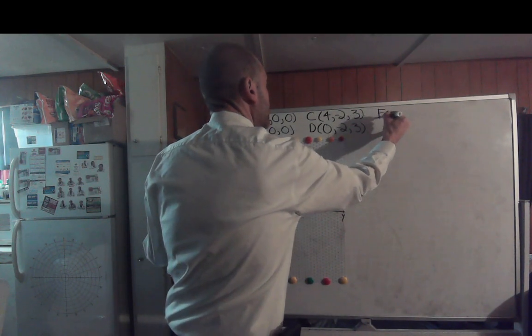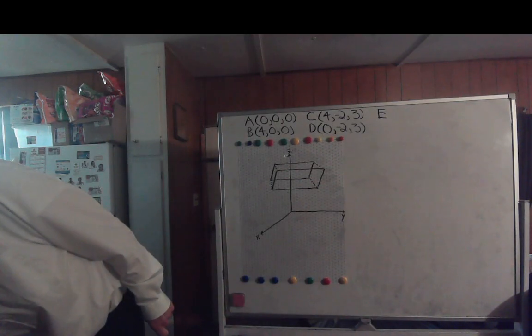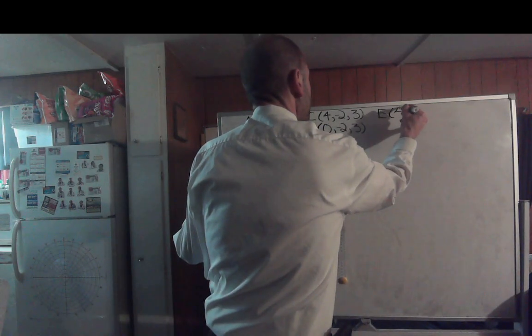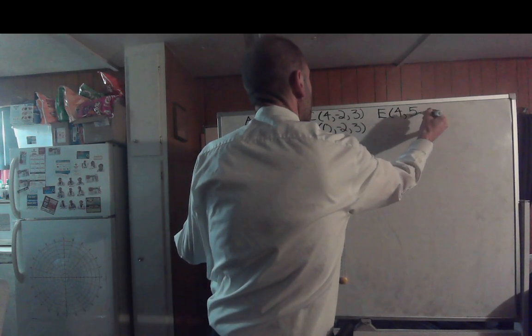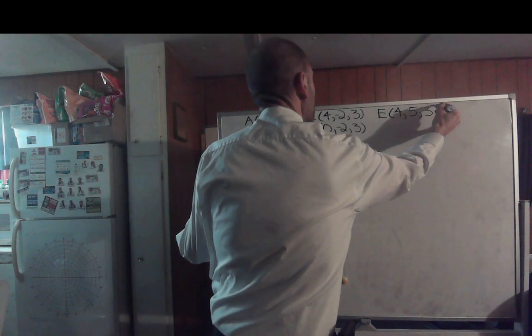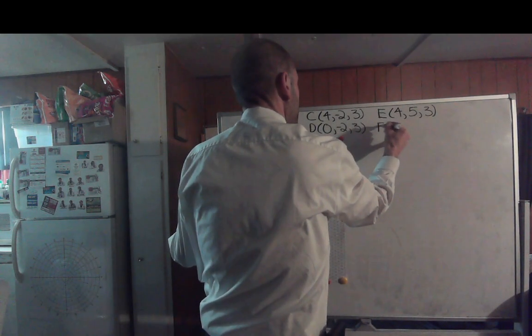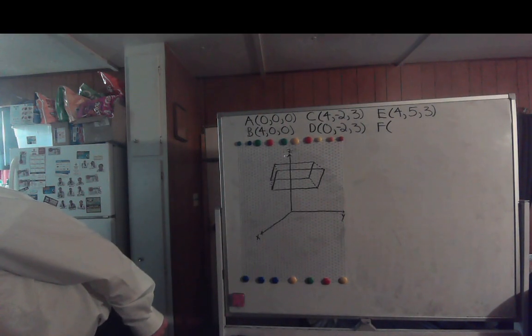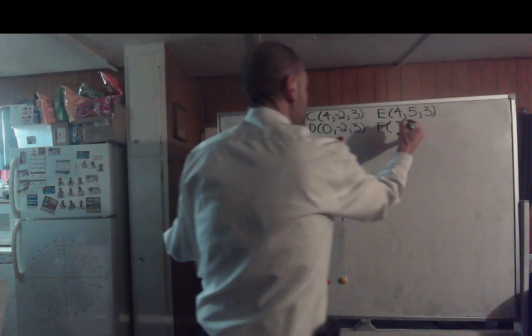Vertex E will be at 4, 5, 3. Vertex F will be at 0, 5, 3.